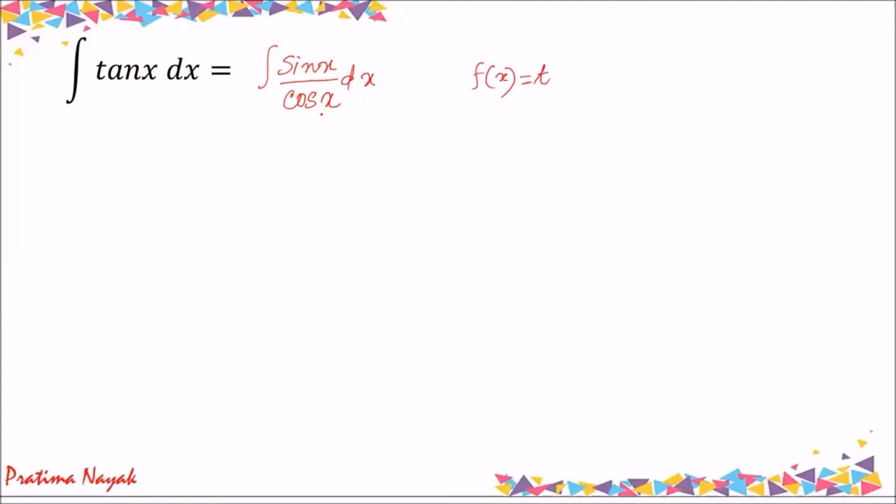So if I write cos x as t, then sin x dx, which is its derivative, is also there.